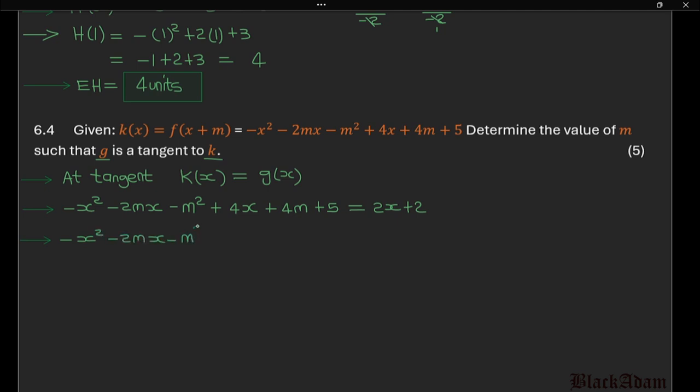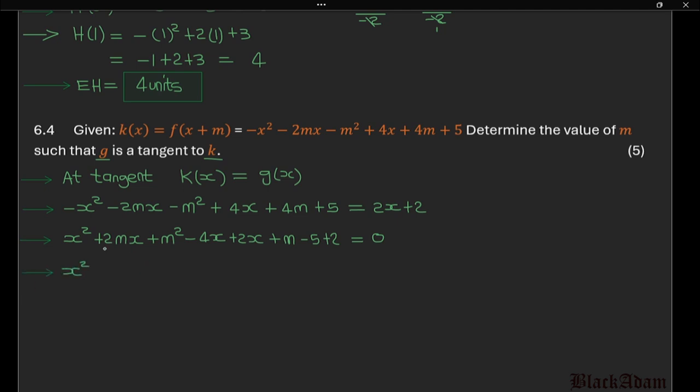I think I prefer taking the left to the right because we have many terms, and because our power 2 is negative, so we take it to the other side to make it positive. So that means x squared plus 2mx plus m squared minus 4x, the sign changes, plus 2x is already there, so it's positive, plus m minus 5 plus 2.